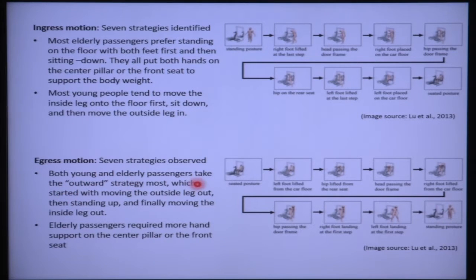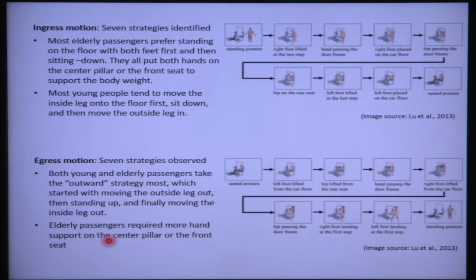Both young and elderly passengers take the outward strategy most, which starts with moving the outside leg out, then standing up and finally moving the inside leg out. So, first they move one leg out, then they stand up and finally move the inside leg out.